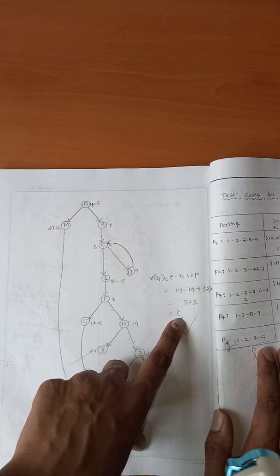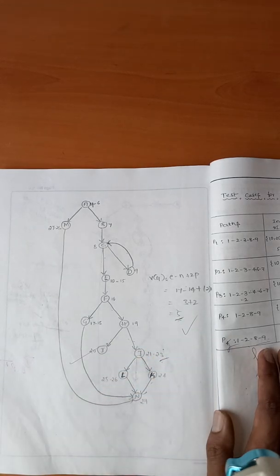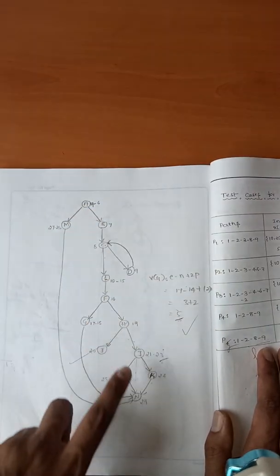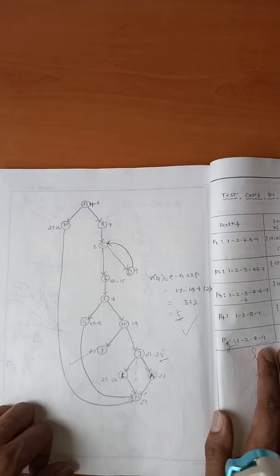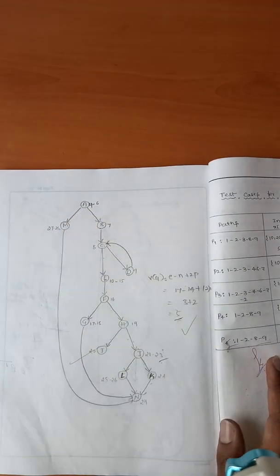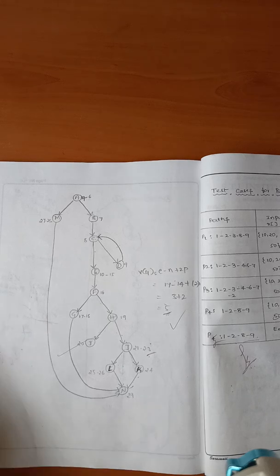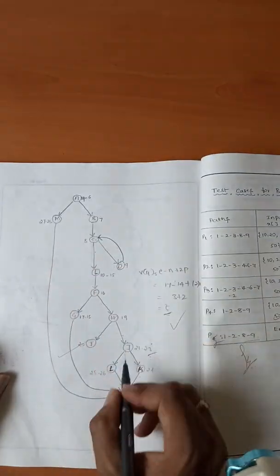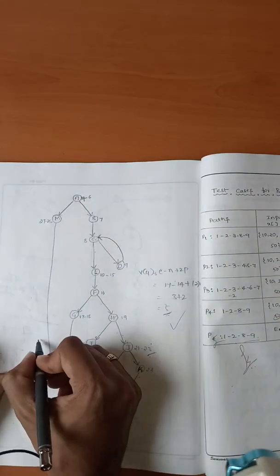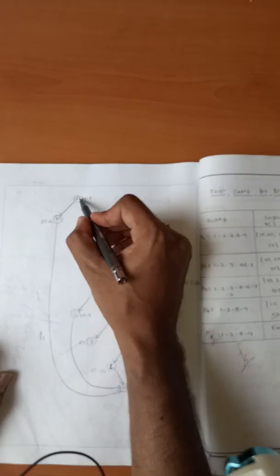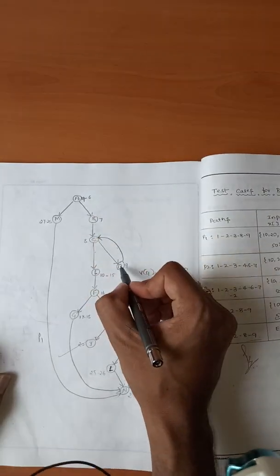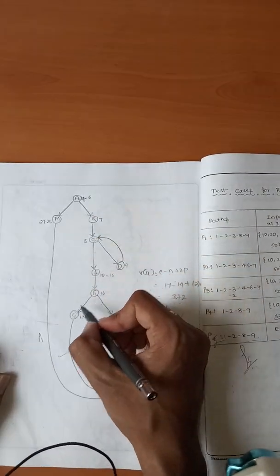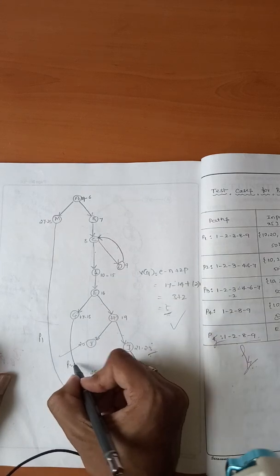Then what is this 5? 5 is nothing but the number of paths between source and destination. How are we going to identify them? For the first path, A, M, N, this is source, this is destination, this is P1. Next, A, B, C, D, C, E, F, G, N, this is P2.